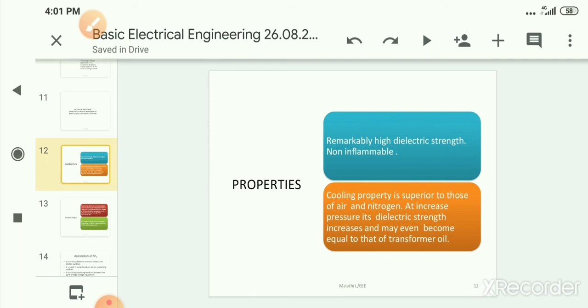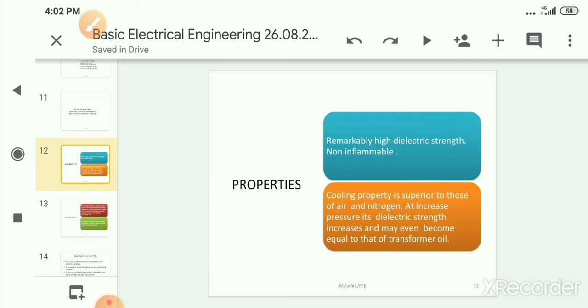So what are the properties specially observed here? It is non-inflammable, has high dielectric strength, and its cooling property is very superior to those of air and nitrogen. With an increase in pressure, its dielectric strength also increases, and may even become equal to that of transformer oil. So these are the specialties related to this sulfur hexafluoride.